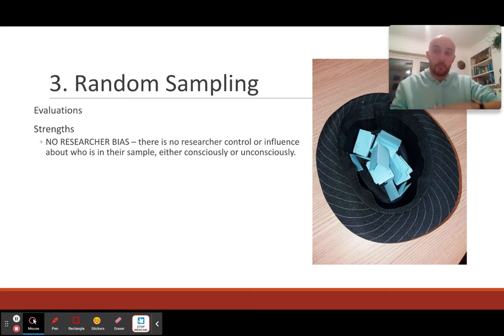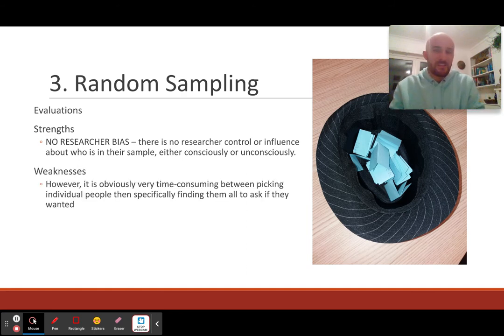It's totally up to chance, and everybody has an equal chance of being picked. But it's very time consuming. Not only do you have to pick their name out, that doesn't mean they're in the study, by the way. That's really, really crucial. Just because you pick their name out doesn't mean they're in the study. When you've got their name, you then have to go to them and say, do you want to take part in my research?